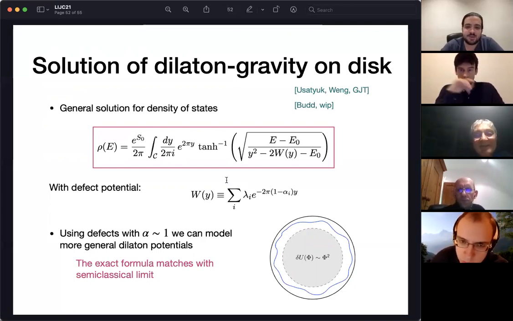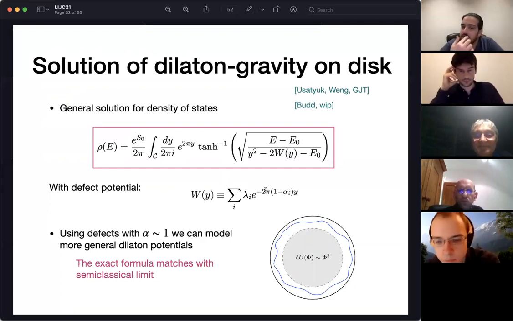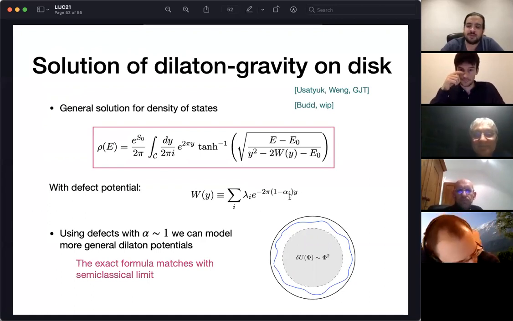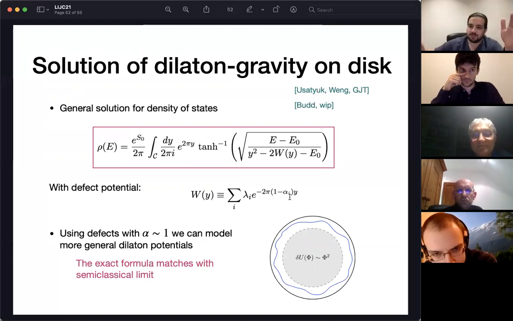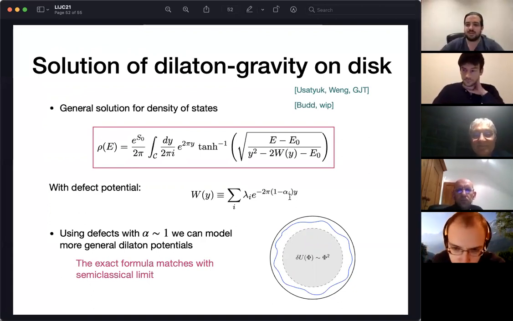Yeah. So the problem is the contour. What is the contour that you pick? And when W has this form, all the singularities are in a finite region of the y-plane, and then you can pick a good contour where they are all to the left, and it's consistent with the solution of the theory.